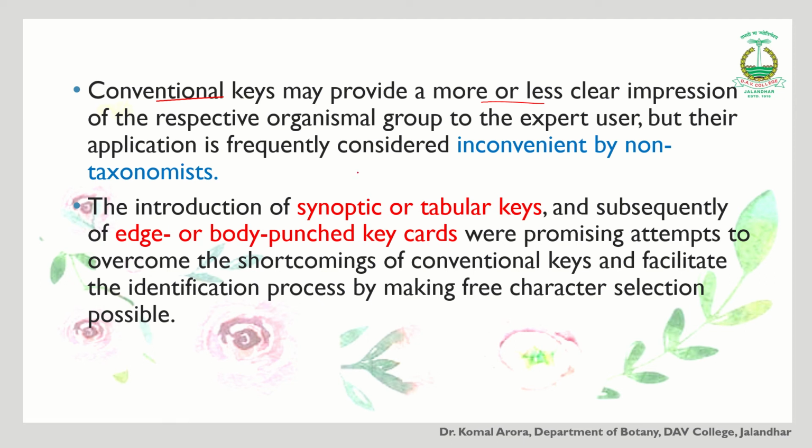Now if the taxonomist is using those keys, they are comfortable, but for non-taxonomists they were highly inconvenient because very technical methods were used. You have to move step by step. Whatever alternate leads are given, you should have information about that. So it was not comfortable for non-taxonomists.